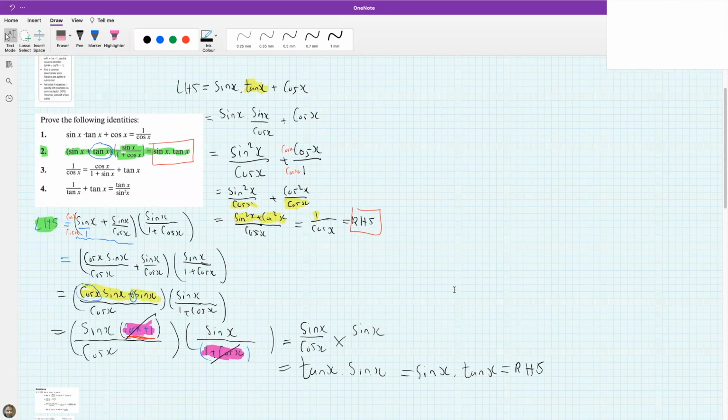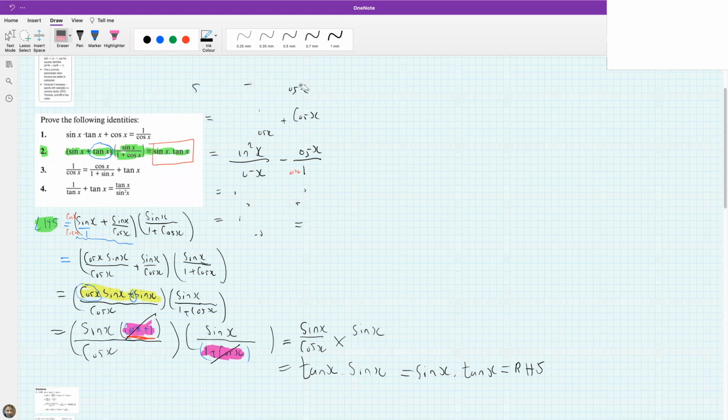So let's go back from the beginning and just make sure we understand the steps that I was doing, because I think that we're going to do 2 more of these today, but it's helpful to look at the steps. So what was the first step that I did? The first step was to pick a side.